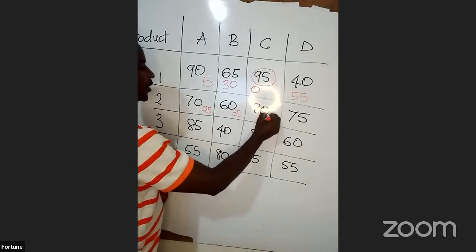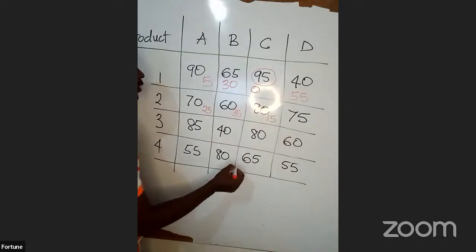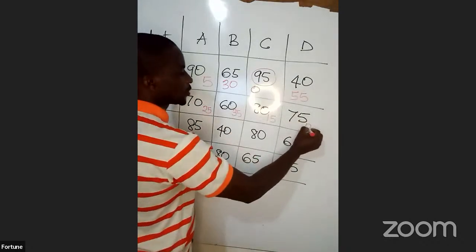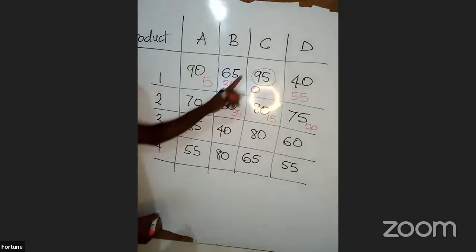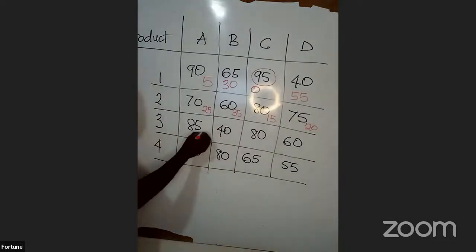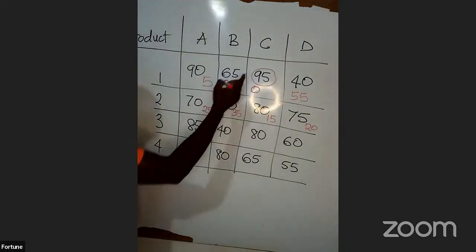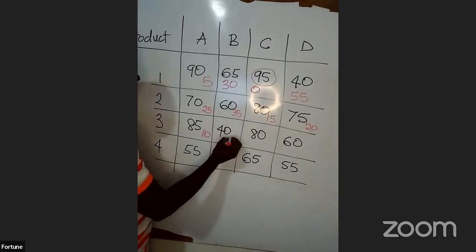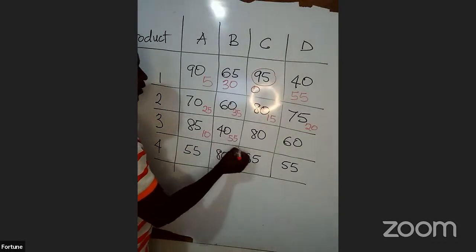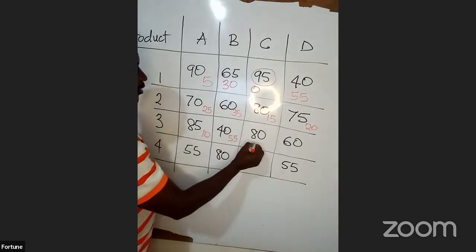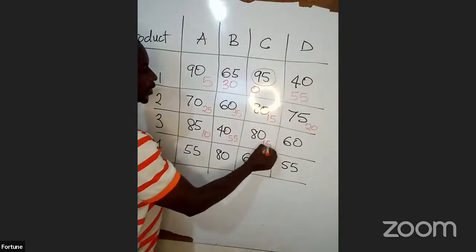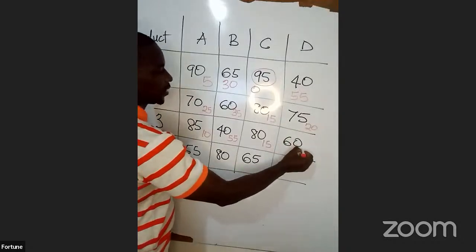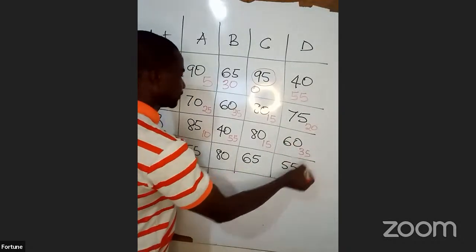95 minus 80 is 15. 95 minus 75 is 20. 95 minus 85 is 10. 95 minus 40 is 55. 95 minus 80 is 15. 95 minus 60 is 35.